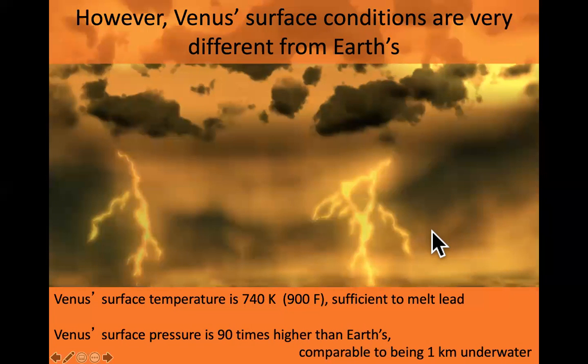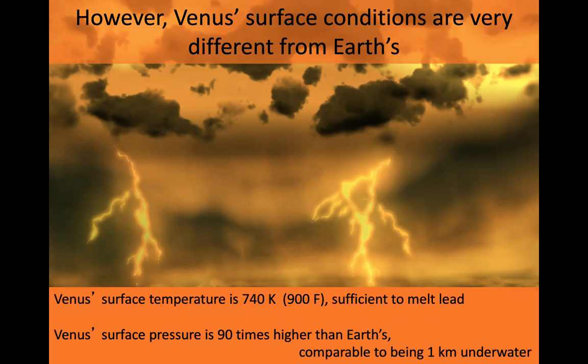Venus's surface temperatures are up to 740 Kelvin or 900 degrees Fahrenheit, which is hot enough to melt lead. Furthermore, Venus has such a thick atmosphere that the surface pressure is 90 times higher than Earth's, which is comparable to being 1 kilometer underwater.